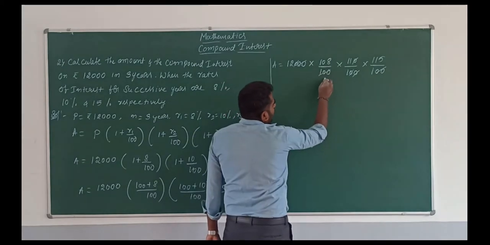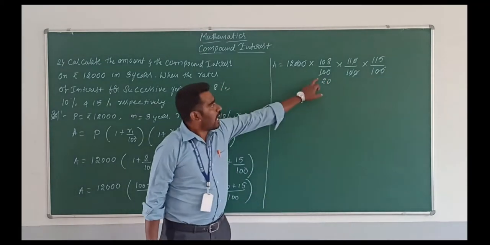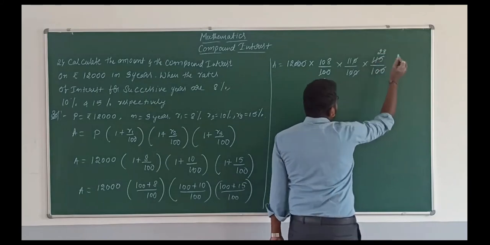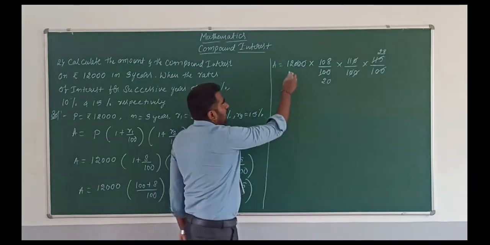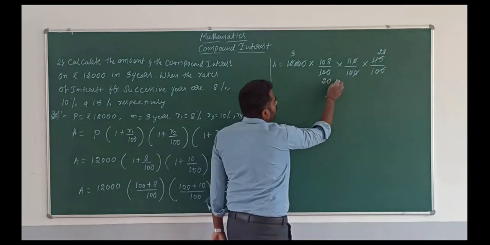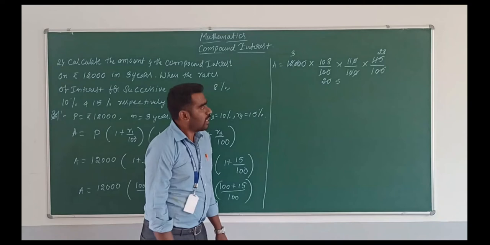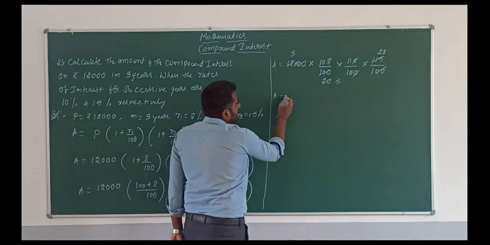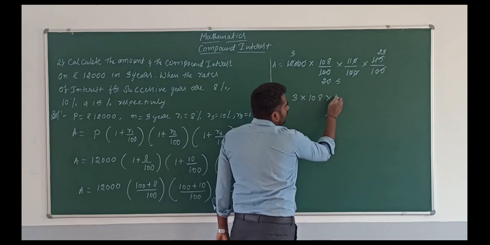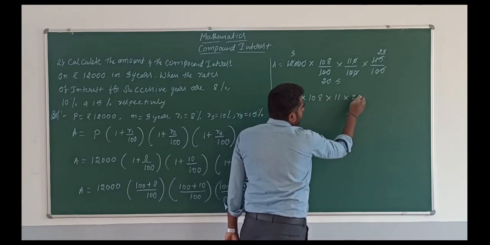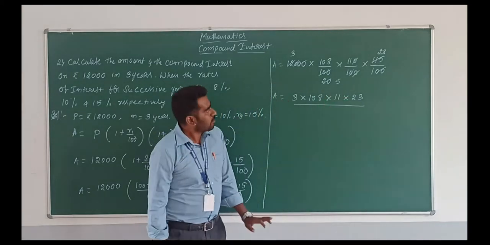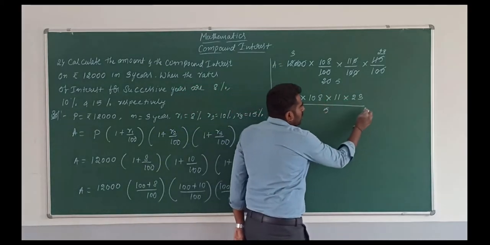Now 5 20s are 100. Similarly 5 23s are 115. Again 4 3s are 12. 4 5s are 20. Now A is equal to 3 into 108 into 11 into 23, all divided by the denominator remaining, which is 5.